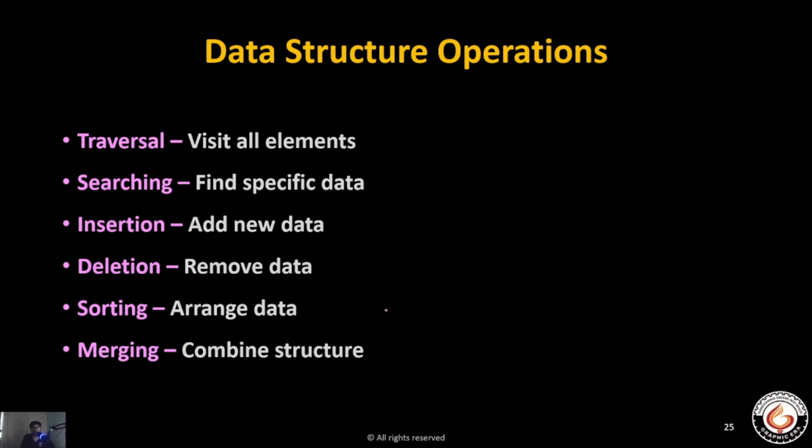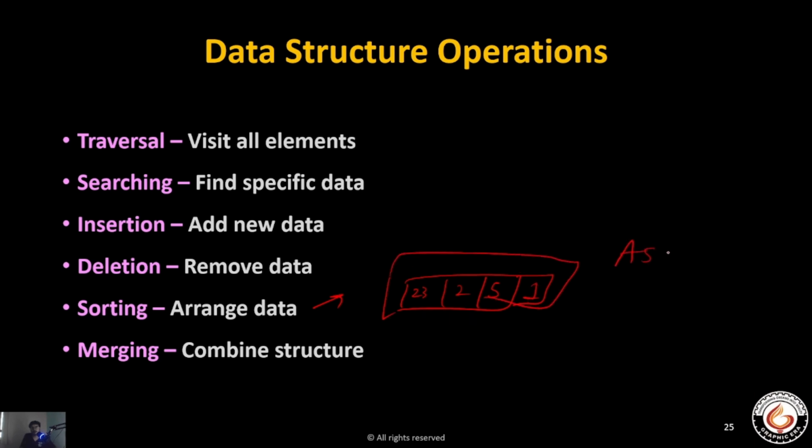Now we will learn about sorting. What do you mean by sorting? If we have a data structure which contains elements like 23, 2, 5, 1, sorting means we can arrange this data either in ascending order or descending order.